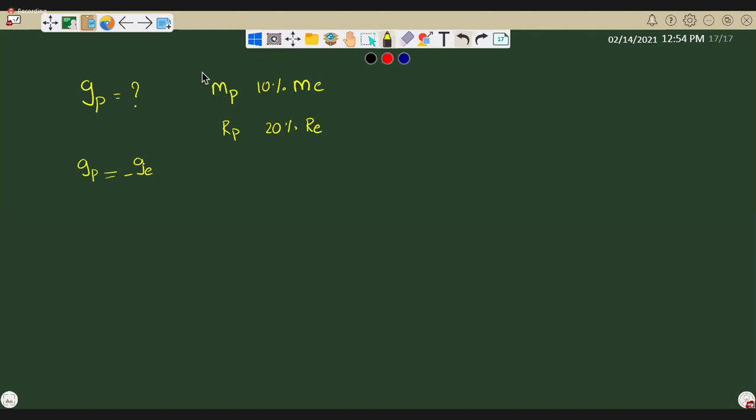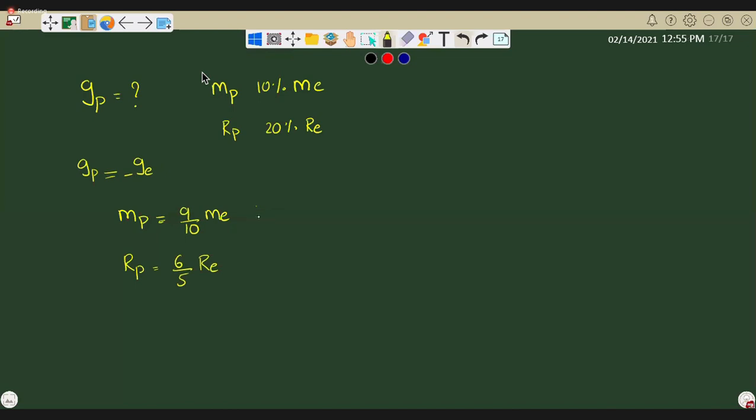Okay, so see, mass of the planet is 10% less than mass of the Earth. That means mass of the planet is 9/10 ME, 9 by 10 times of ME. Your radius of the planet is 20% greater than your RE, so 1.2 RE.